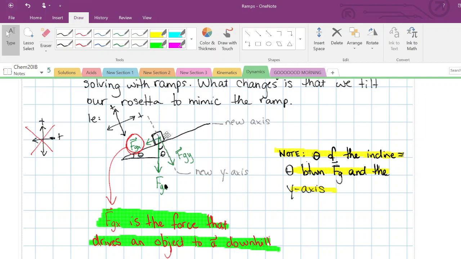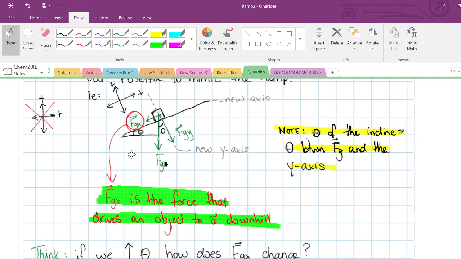What actually gets that object to slide downhill is that parallel component to the force gravity. That's really what's making something slide downhill. And that's the other thing to keep in note: I'm just going to change that X to be a parallel. It is that force gravity parallel that is the force that's going to cause an object to accelerate downhill.